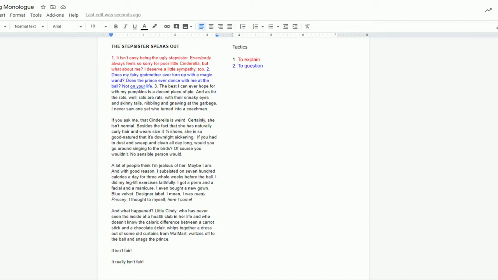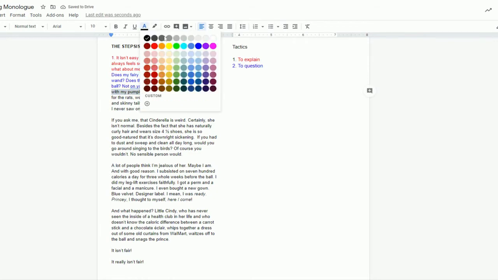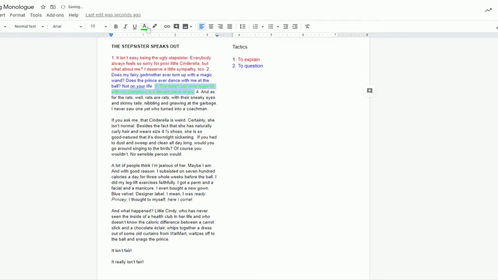So we'll keep this as its own separate tactic, and we'll make that green, and 3. What is she doing here? "The best I can hope for with my pumpkins is a decent piece of pie." She's being awful mopey here.